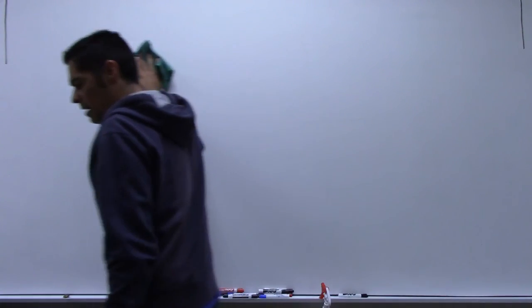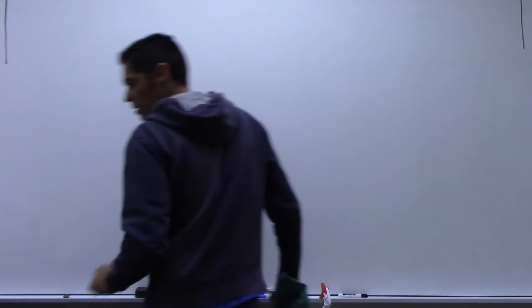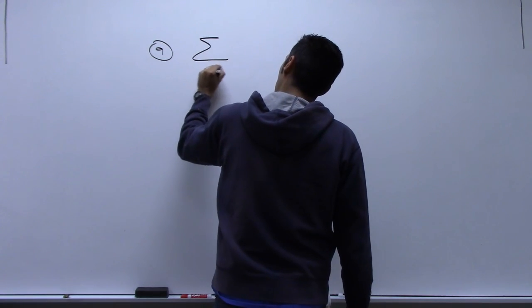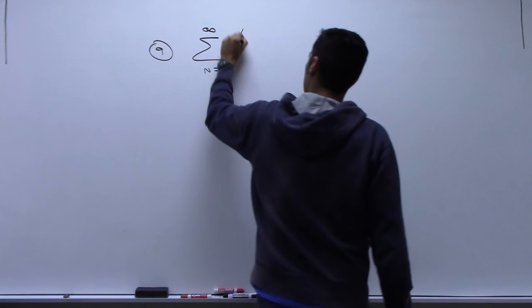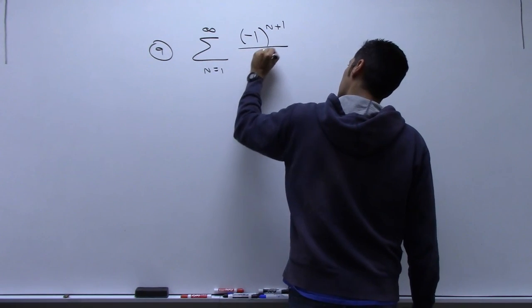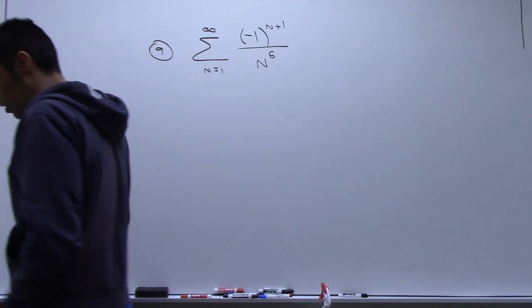All right, number 9. This is where things start getting a little interesting. So they give you a series: negative 1 to the n plus 1 over n to the 6th. It says, show that it's convergent.